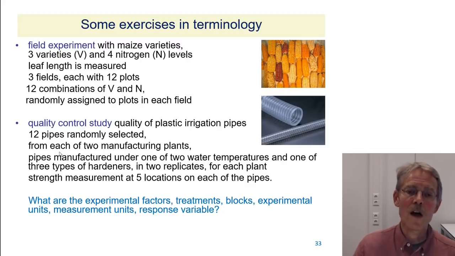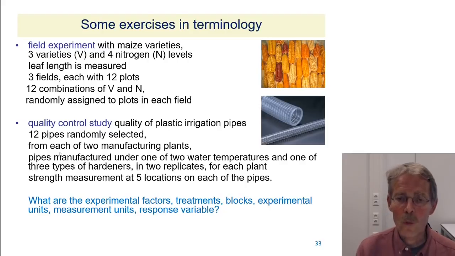Now, these pipes are manufactured under one of two water temperatures and one of three types of hardeners. And in each factory, for each combination of water temperature and type of hardener, I've got two replications, two pipes. And for each pipe, the strength is measured at 5 locations.